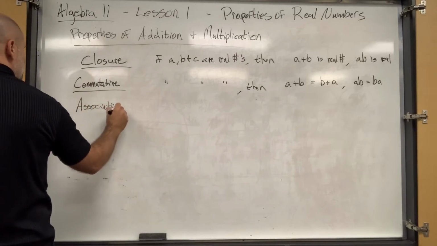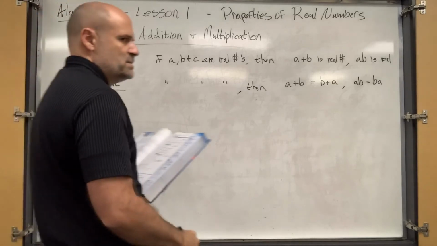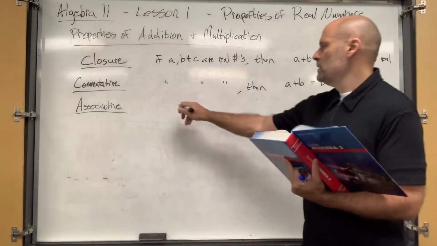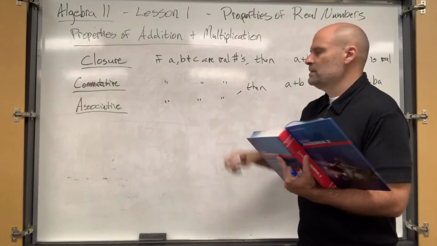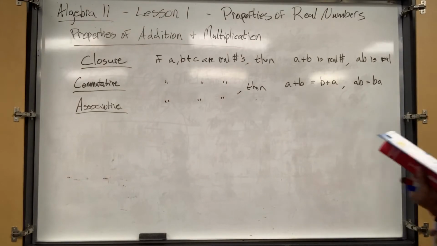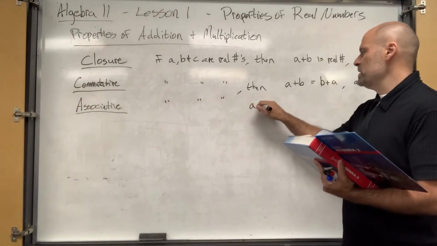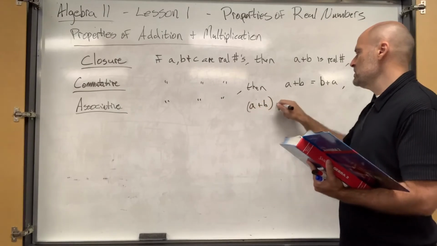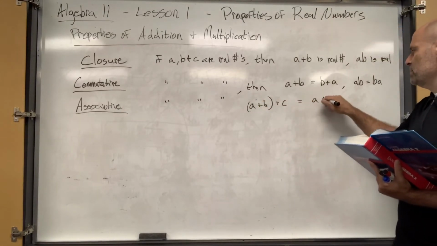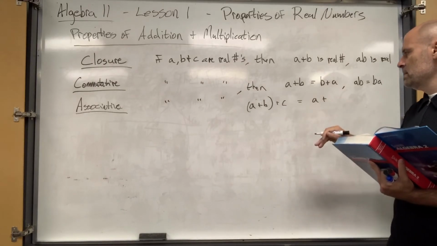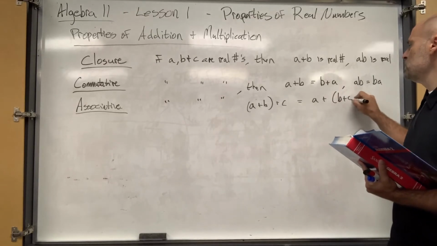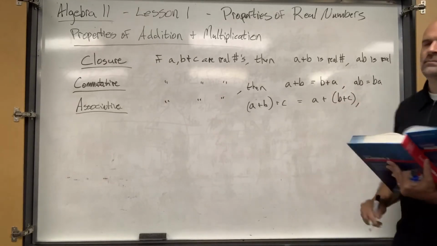All right, this is another one that's a little harder to remember. Associative. You guys remember what associative property is? This is how numbers are associated with each other. So if A plus B are hanging out, they don't associate with C. But A plus B plus C equals A plus B plus C. Okay?